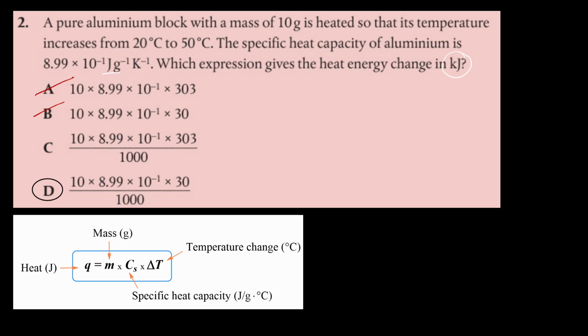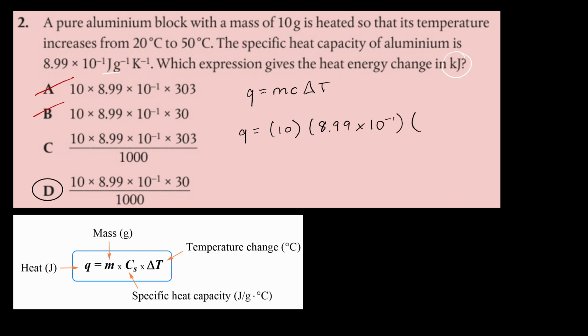So for this question, we are looking for our heat energy change, which is Q. So we're going to be using Q equals mcΔT. We know for Q that our mass is 10 grams. Our C is the specific heat, which was 8.99 times 10 to the negative first.